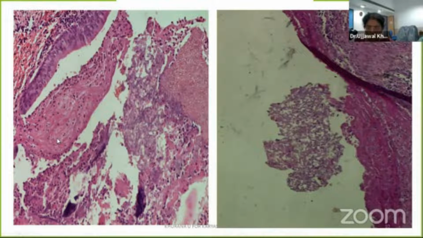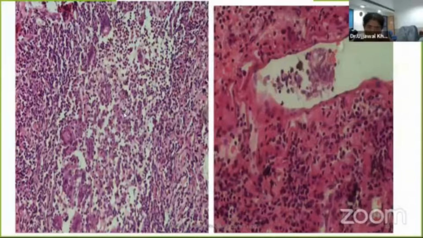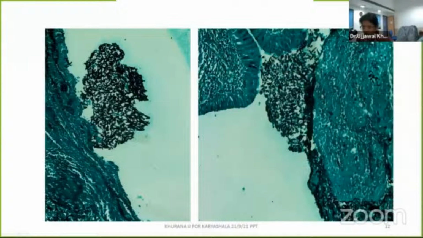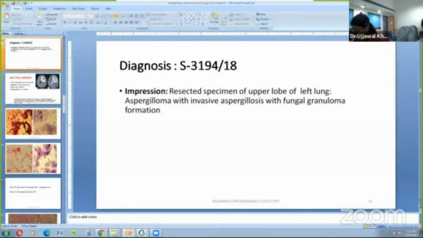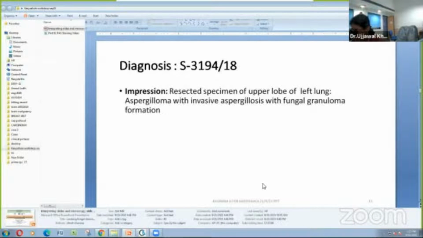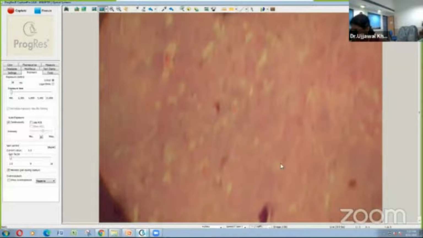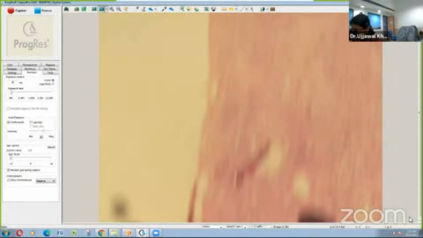We could see granulomas, and we could appreciate angioinvasion. One can observe that there is fungal ball formation, and because of the granuloma formation and angioinvasion, this is not only colonization by aspergillus, but invasive aspergillus.